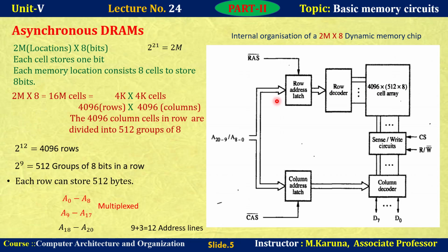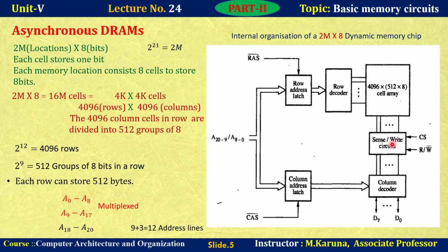Shortly after the row address is loaded, the column address is applied to the address pins and loaded into the column address latch under the control of the column address strobe signal. The information in this latch is decoded and the appropriate group of sense or write circuits are selected.